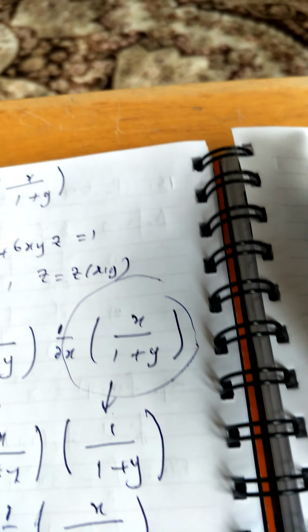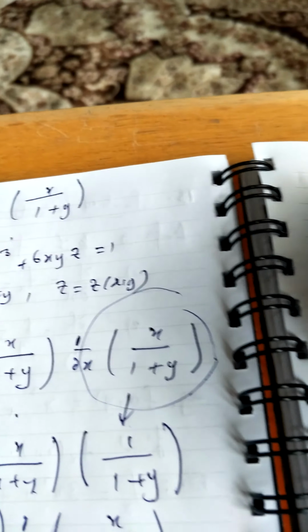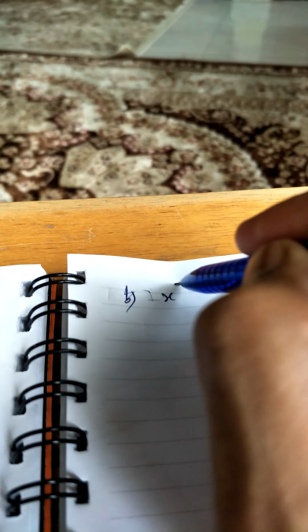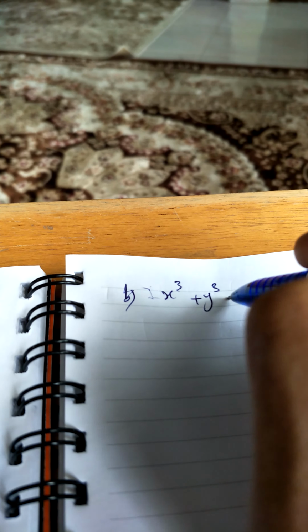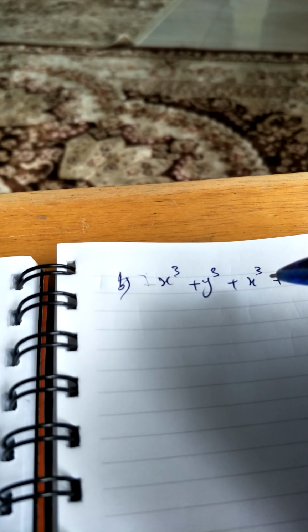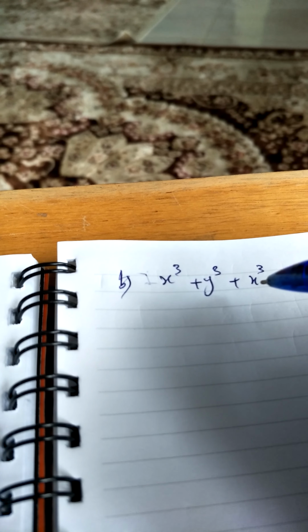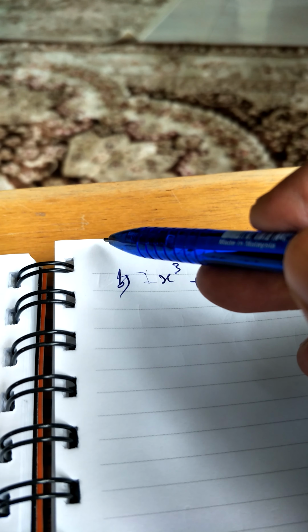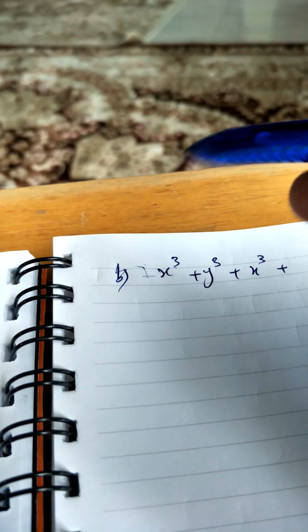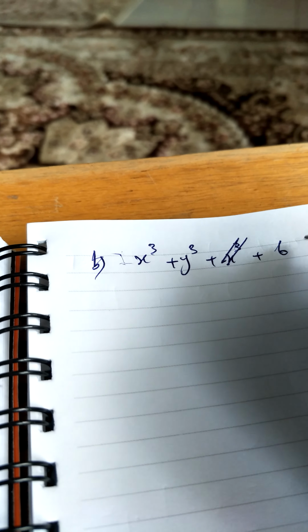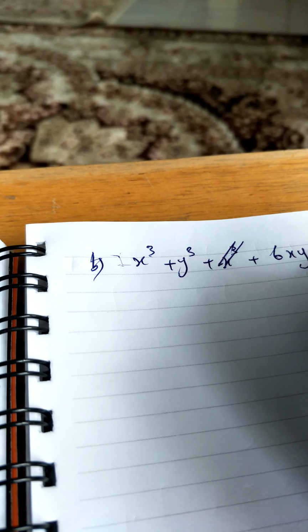So given that equation, we have x cubed plus y cubed plus z cubed plus 6xyz equal to 1.